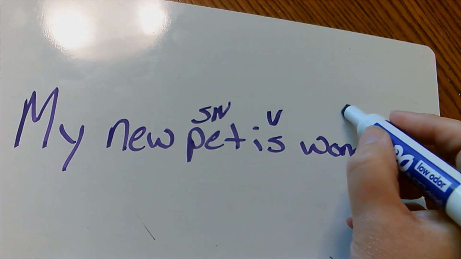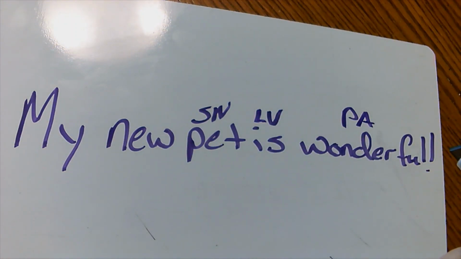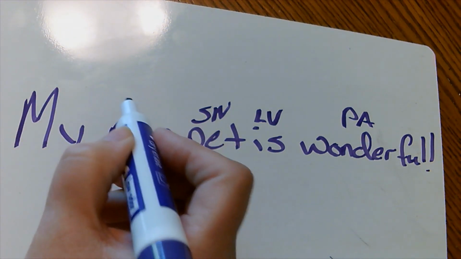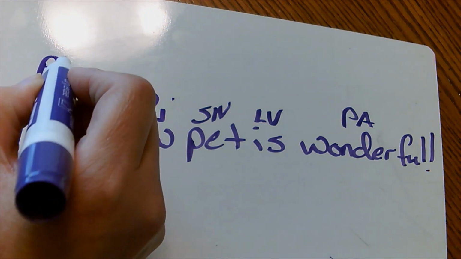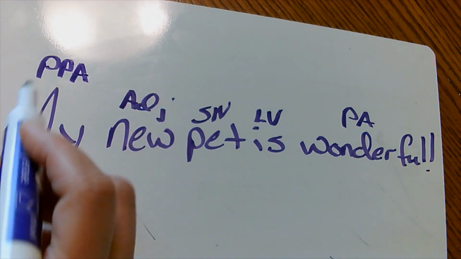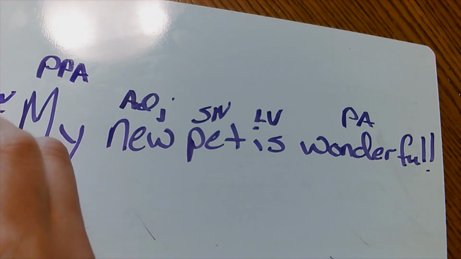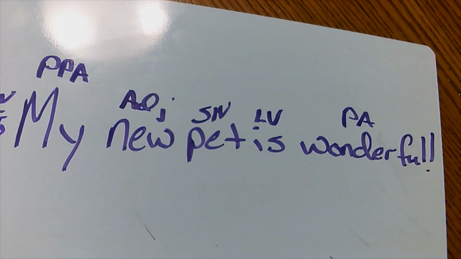Wonderful. Predicate adjective. That's a linking verb. Whose pet? Or what kind of pet? New pet, adjective. Whose pet? My pet, possessive pronoun, adjective. Subject noun, linking verb, predicate adjective, pattern 5.